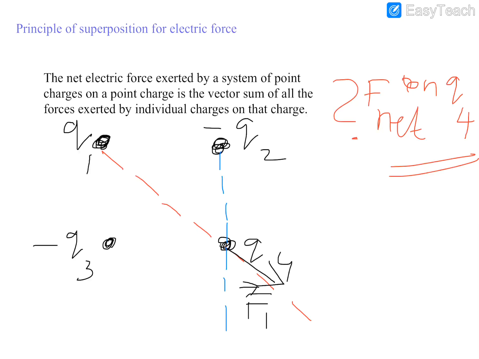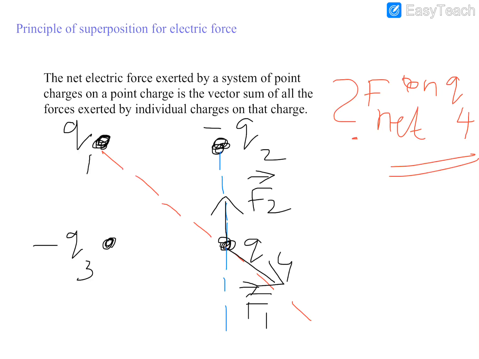Attractive means the force must be moving towards the charge which is exerting the force. Q2 is exerting the force, so it must move towards that charge. That means this will be the direction. This is F2 because it is the force exerted by Q2 on Q4. So you got 2 forces.